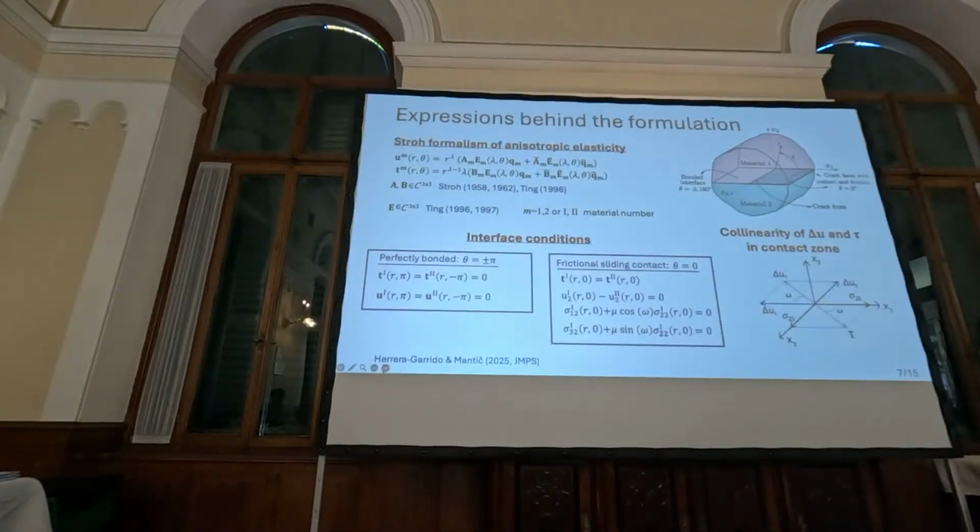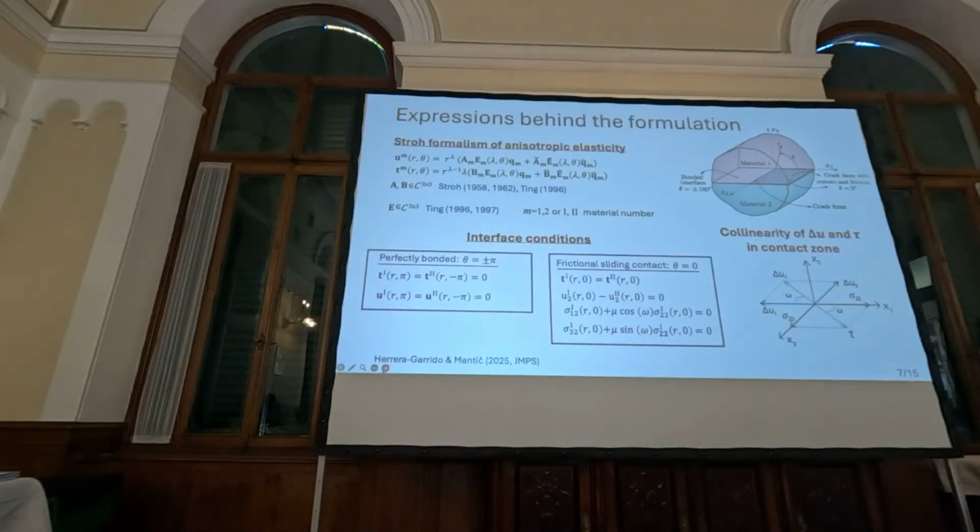And also complex matrices E_m are diagonal matrices that depend on the singularity exponent lambda and the polar angle theta. They are basically capturing this power law variation together with this exponent r to the power of lambda or r to the power of lambda minus 1.